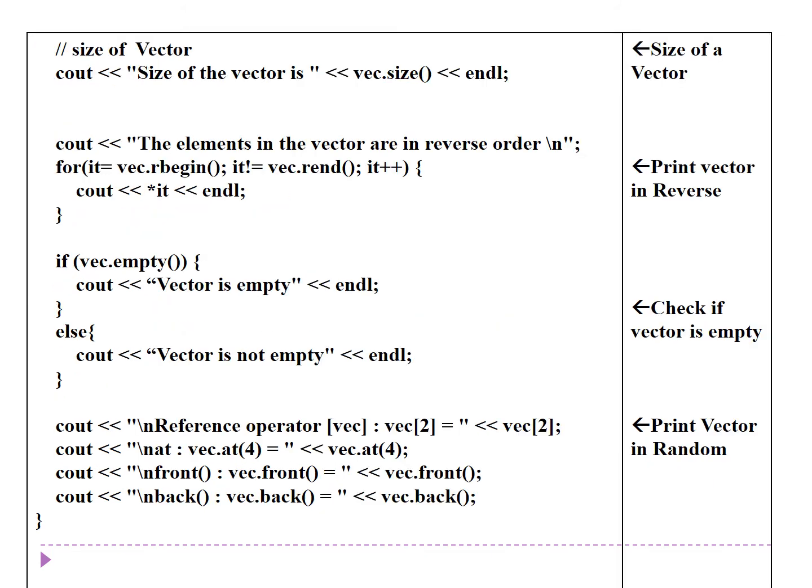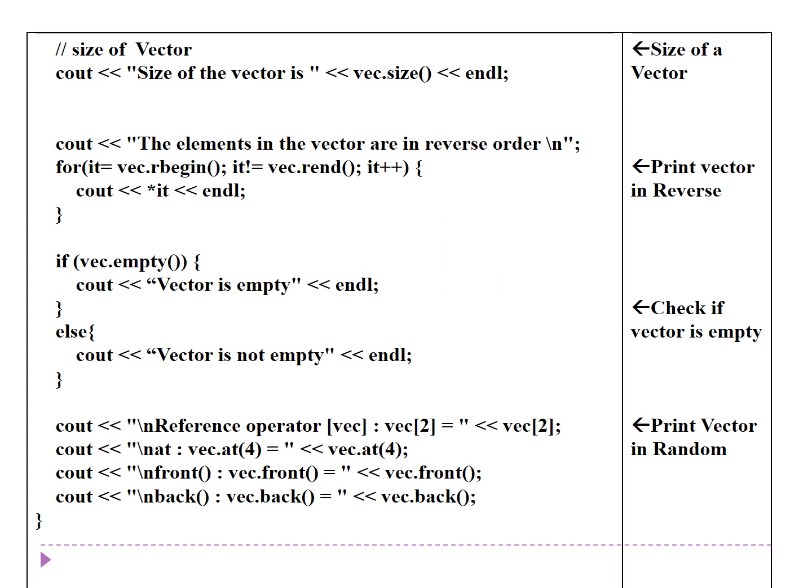The number of elements in a vector can be obtained using the size function. The elements in the vector can be printed in reverse order using the rbegin and rend functions along with the iterator. The emptiness of the vector can be checked using the empty function.